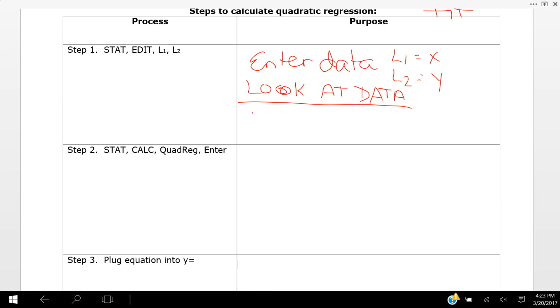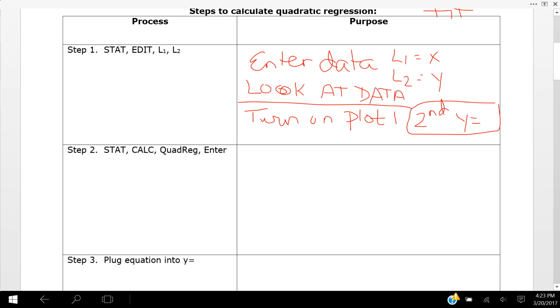So to look at the data, you have to turn on plot 1, which is your second y equals. And then if you zoom 9, it will put all that data on a graph that you can see, and it will give you basically the graph of best fit, so you can see all the points you put in, there's nothing missing.